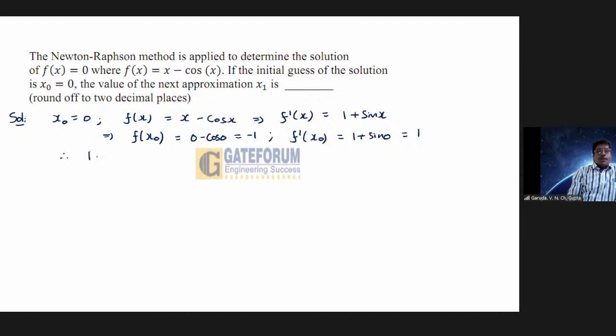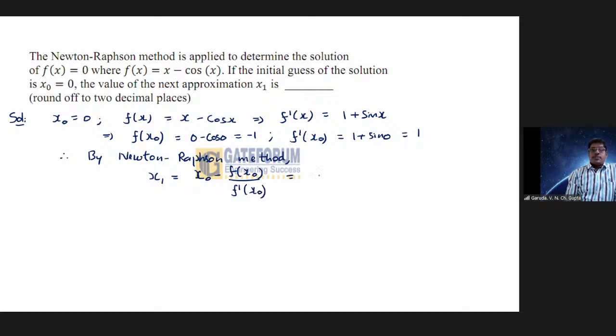Therefore, by the Newton-Raphson method, the next approximation x1 is equal to x0 minus f(x0) divided by f'(x0). So x0 value 0 minus of f(x0) minus 1 divided by 1. So 1. So you can write 1.00 because of 2 decimal places. So this is the answer, x1 value 1, which is very easy.